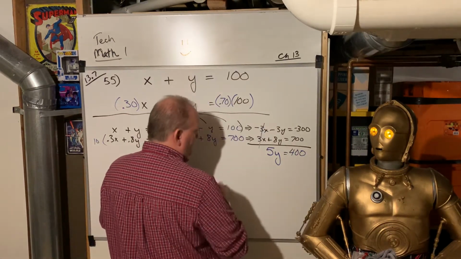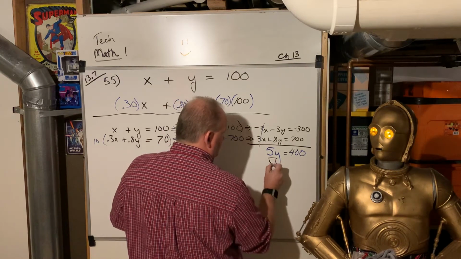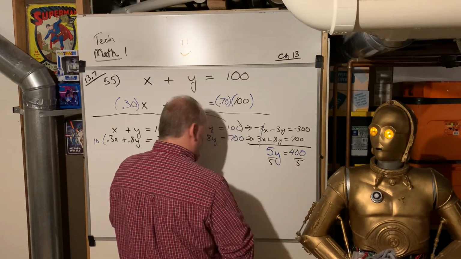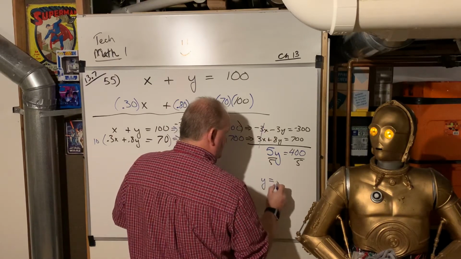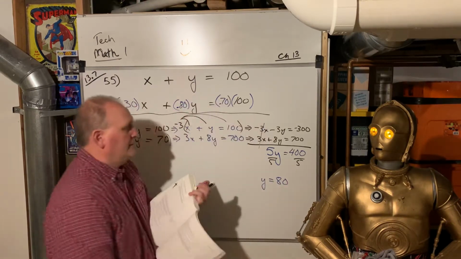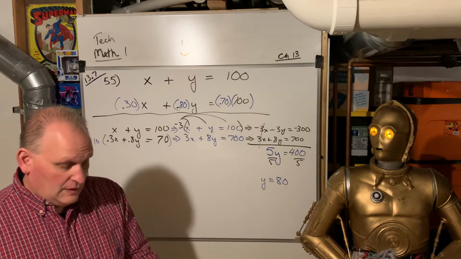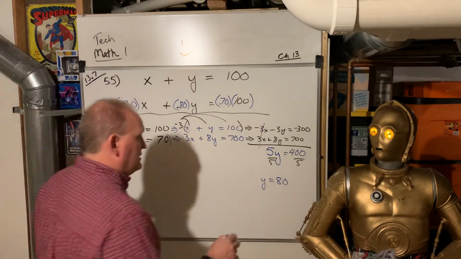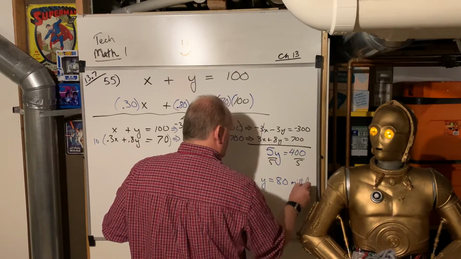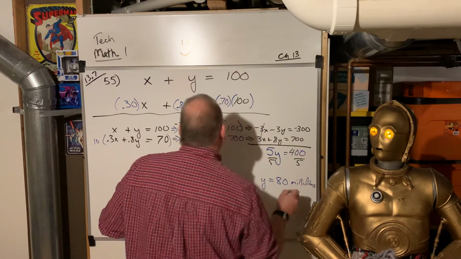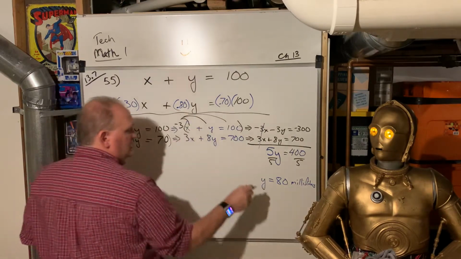And then I divide by 5 both sides. So y is equal to 80. So 80 milliliters of y is the 80% solution.